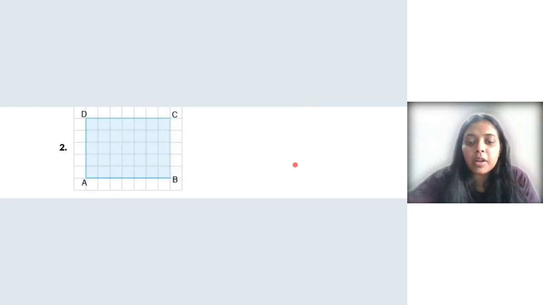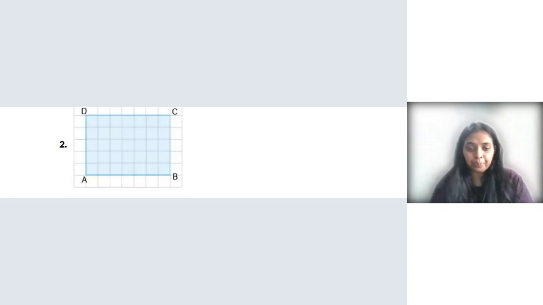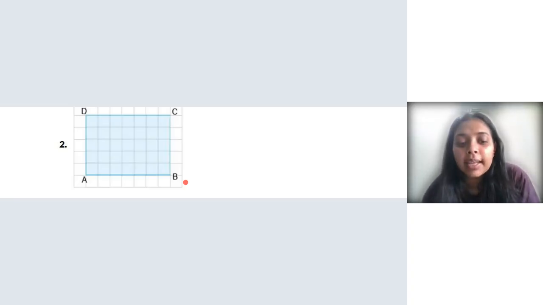Okay, again in this we also have to find the area. First, tell me, is it a rectangle or a square? Rectangle. How many squares are there in this side? 3 and 3, 6, 7. So this side is 7.